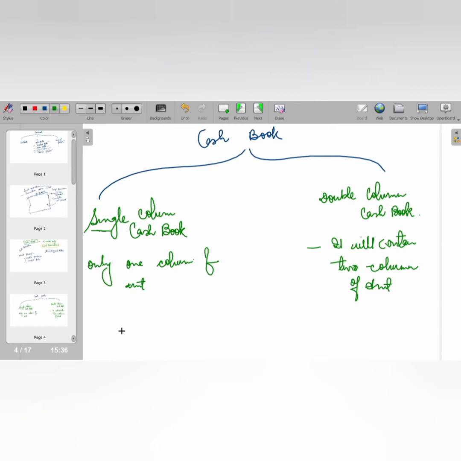Now we will understand what is single column cash book.